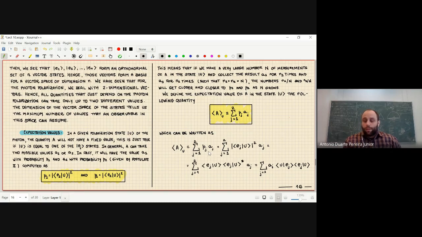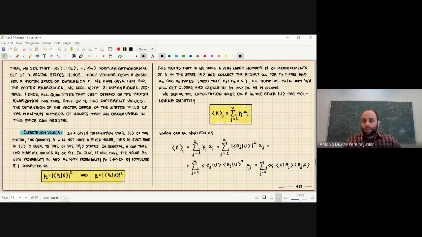And now I can rewrite this absolute value squared of this number as in the definition. This is a complex number, so I just write the complex number itself times its complex conjugate. The absolute value squared of a complex number is the number times its complex conjugate, and this multiplies Aj.